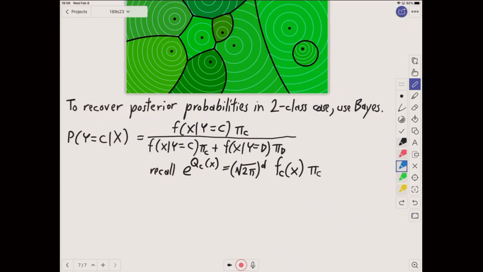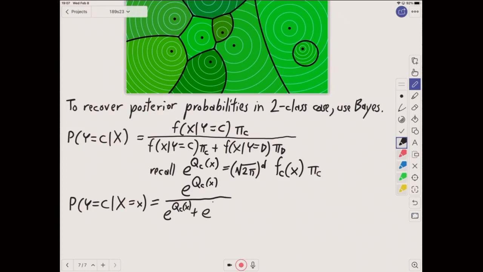So what I'm going to do now is take this and substitute back in something that's a function of QC. And when I do that, I get the probability that I'm in class C for a particular point, little x, is e to the power of QC over e to the power of QC plus e to the power of QD.